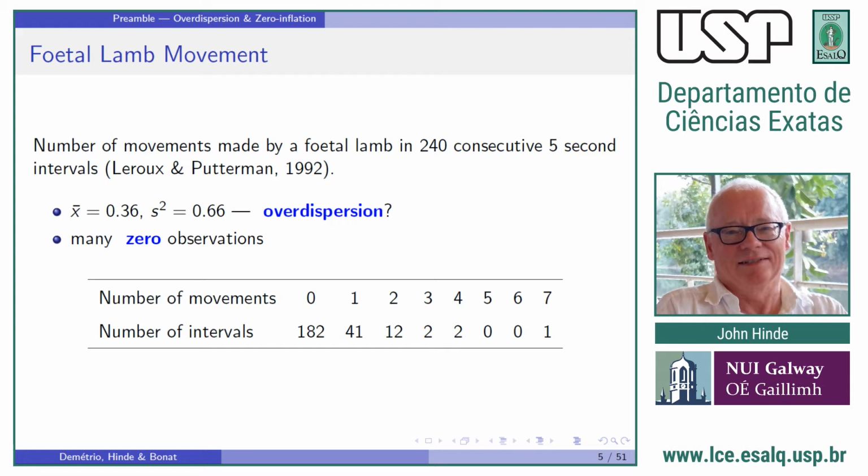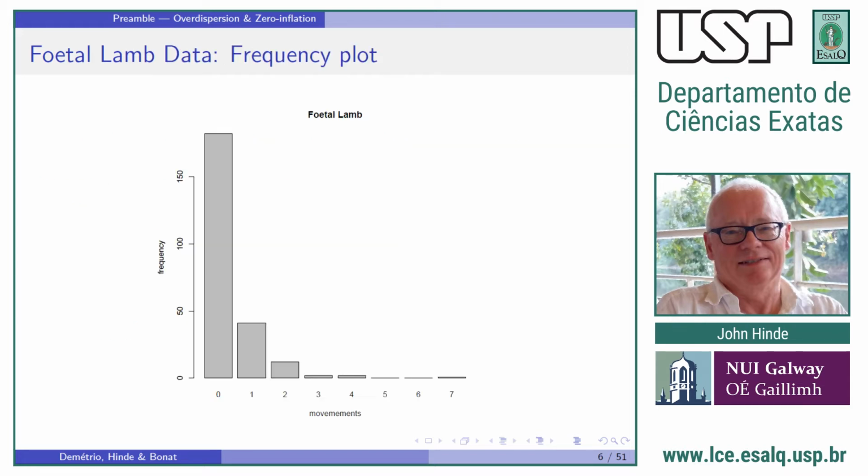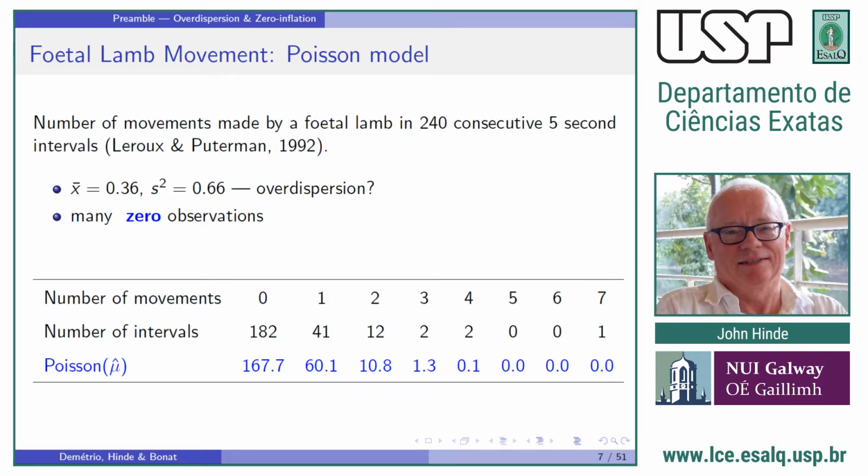But we might also notice that there's an awful lot of zero observations. Quite often it didn't move. If you look at this, we see there's quite a big spike at 0. What happens if you fit a Poisson model? Oh, look, it doesn't fit very well. It underestimates the number of movements at 0, and it overestimates the number of ones.